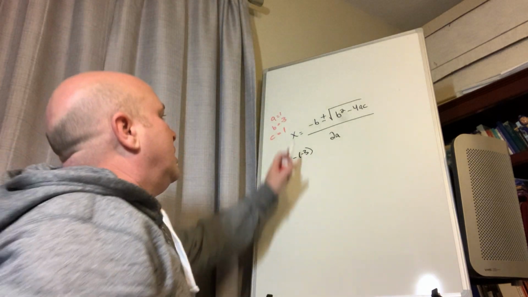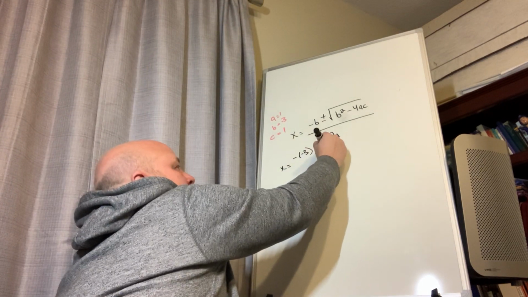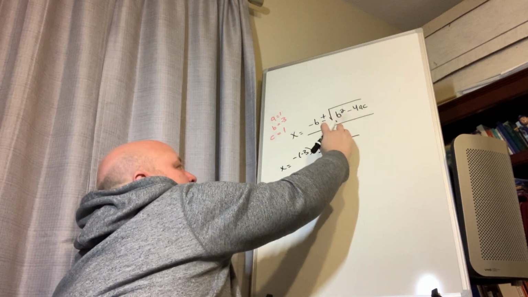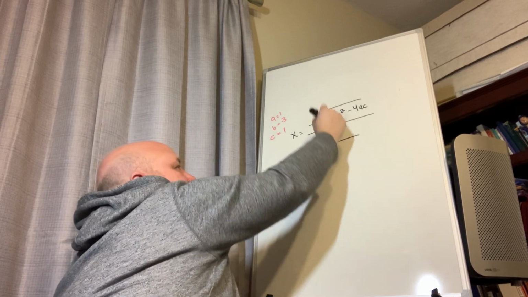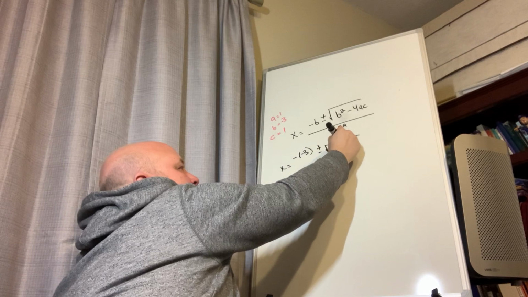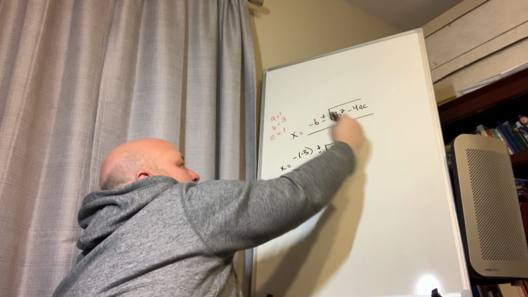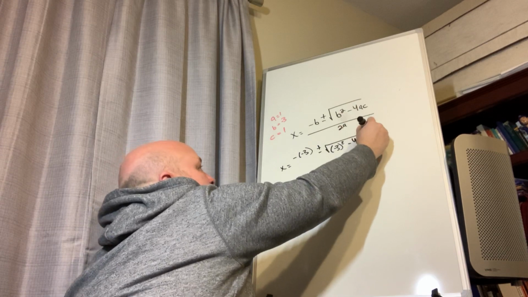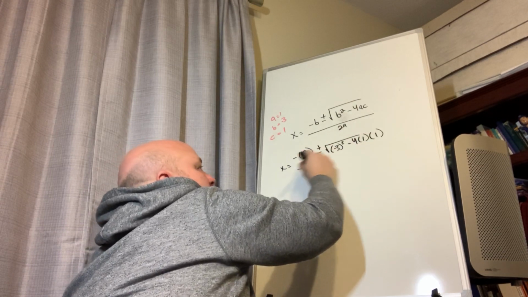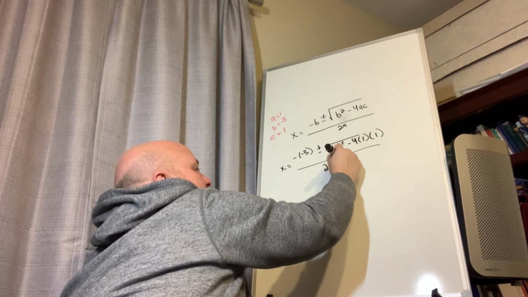All right, plus or minus the square root of b squared, so negative 3 squared minus 4 times a times c. All of this is over 2 times a, which is 1.